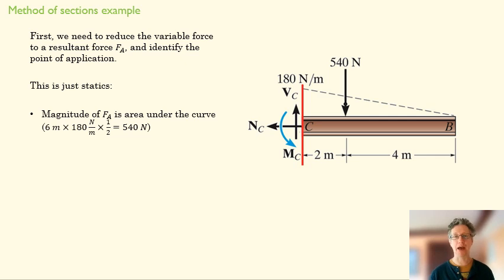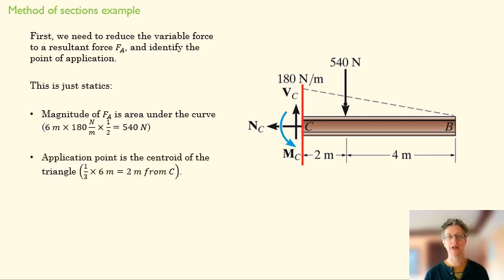That gives us the magnitude of that force. Then we apply that through the centroid of our triangle, just like we did in statics. And so we get that nice 540 Newton force acting right there, 2 meters from point C.